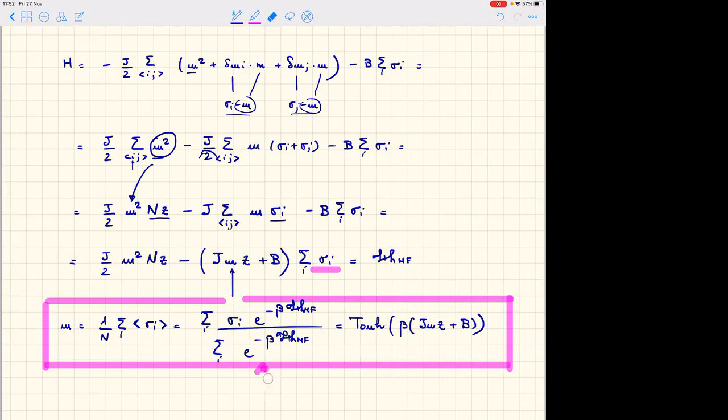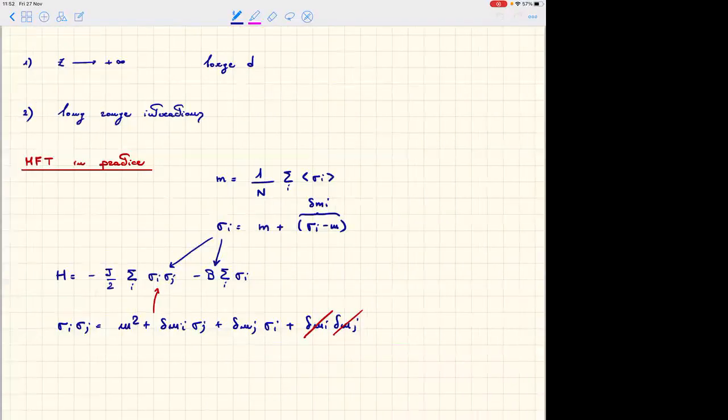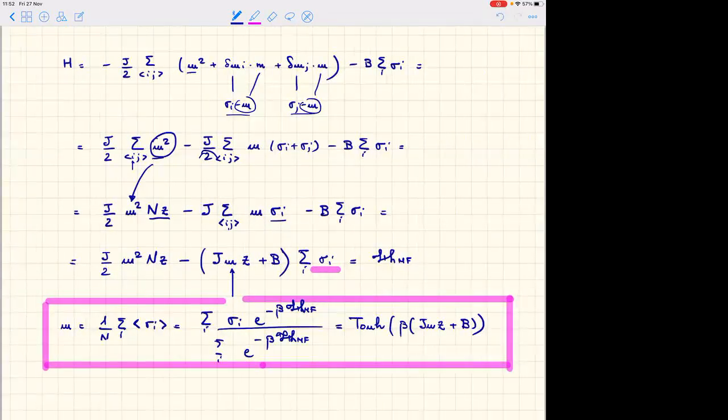Because what you're saying is the following. I'm making an expansion in the previous thing, assuming that my sigma have some average value plus some fluctuations. I write down what would be the Hamiltonian if this was true. This Hamiltonian has a free parameter, the average value, that has to be determined self-consistently.